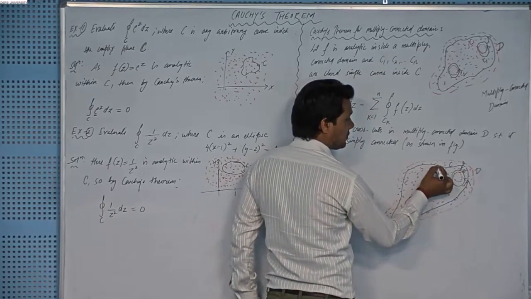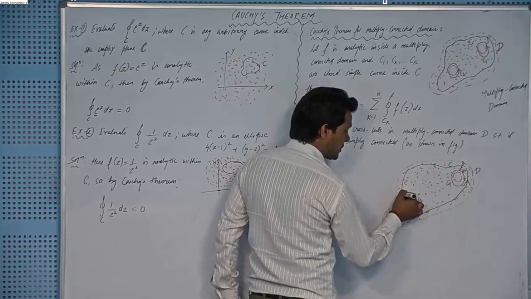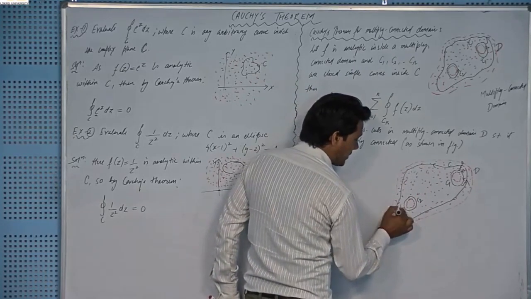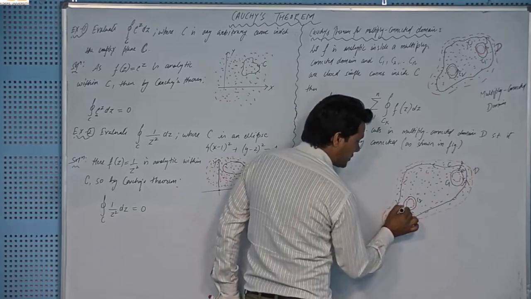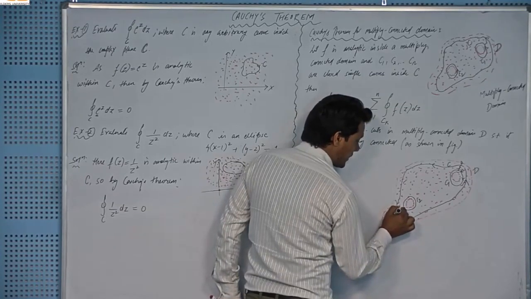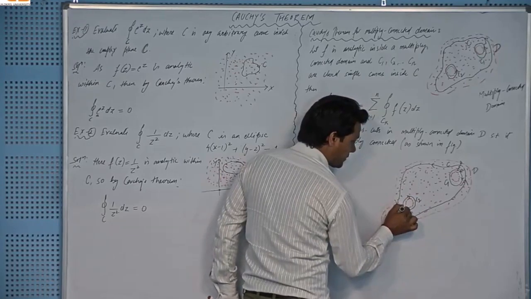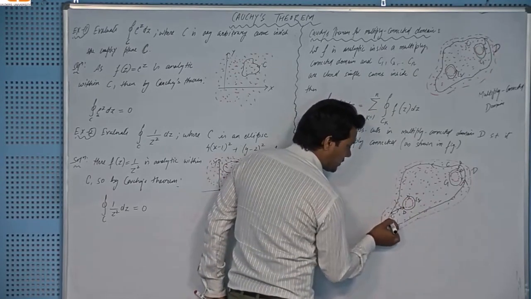Then you will go along this, and then here you will enter from here by this cross cut. This point is C point, this is D point. Then you enter along this line, then you move along the boundary of the C2, then you will come back along this DC path, and finally here.